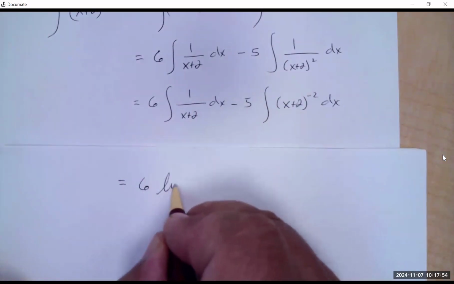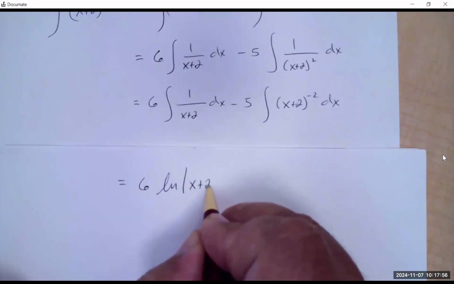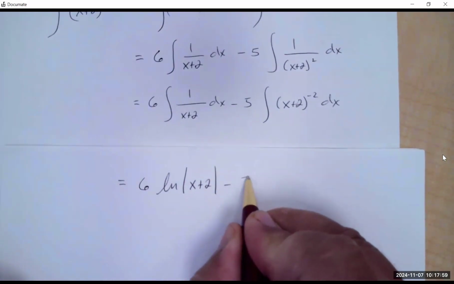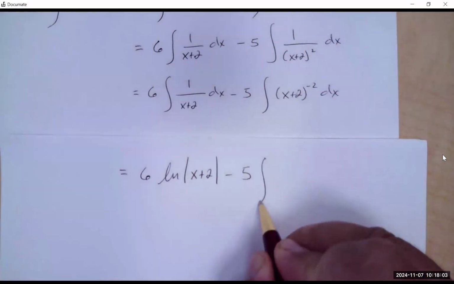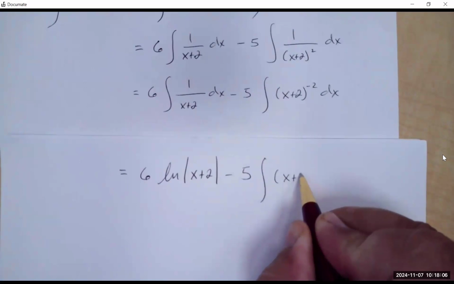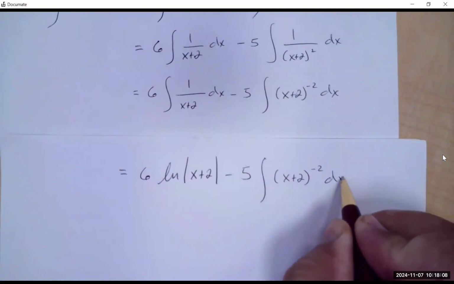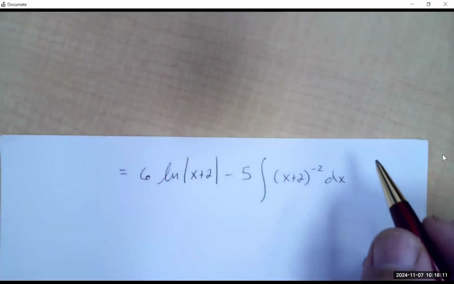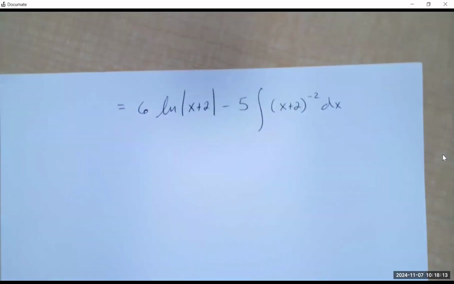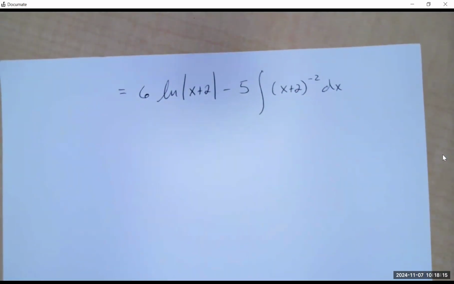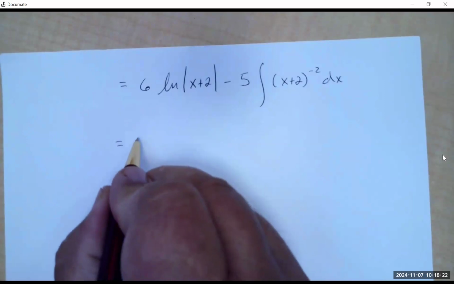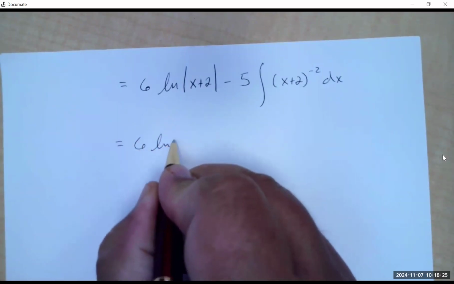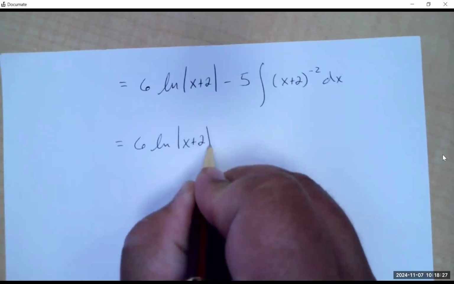It's the ln of x plus 2. Now we got to figure out, let me write this down so I can put it back up. So it's 6 ln x plus 2.